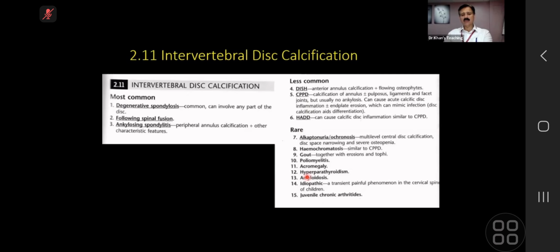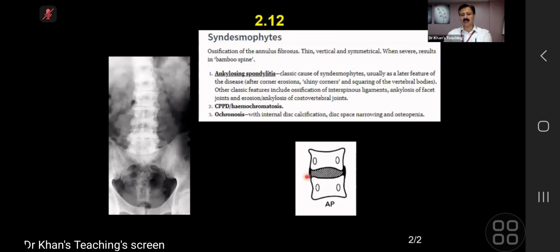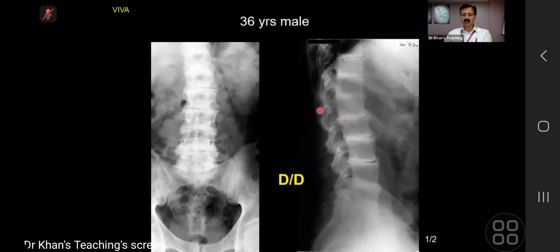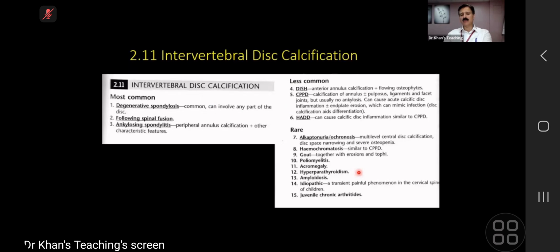Believe me, in a 36-year-old, because this is what is happening in the exam, this film, this sex, this age, this is what they want to talk about. Why is there so much degenerative change? And why is there disc calcification? Alkaptonuria will be up there as the diagnosis, and other things you can rule out because of X reason or Y reason. So this is the type of thinking you should have.